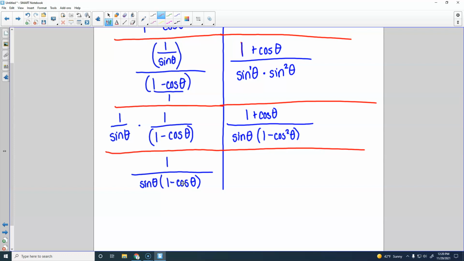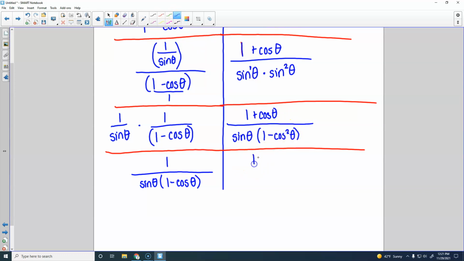Can I cancel out a cosine? This is the hardest part of this. I cannot cancel that cosine because this plus sign is a minus sign right here. What do you think, Zach? That I can do.